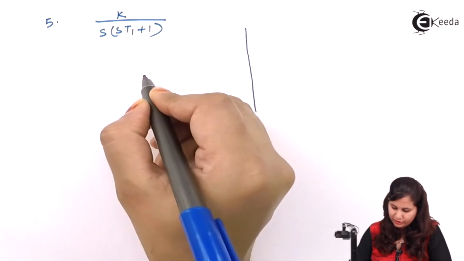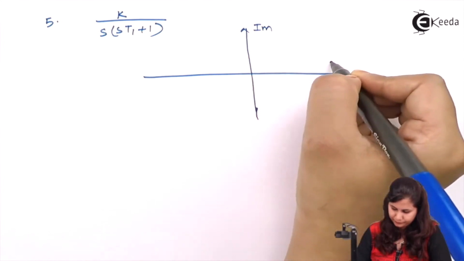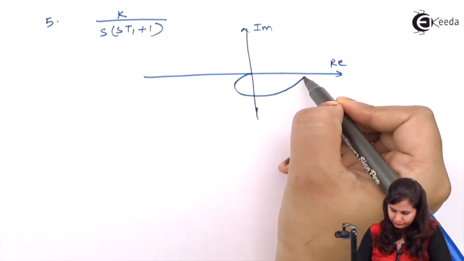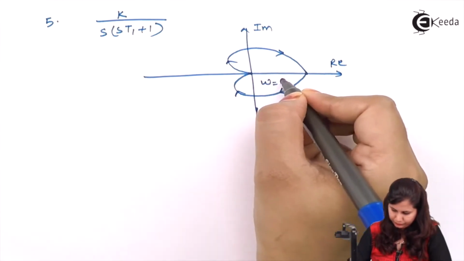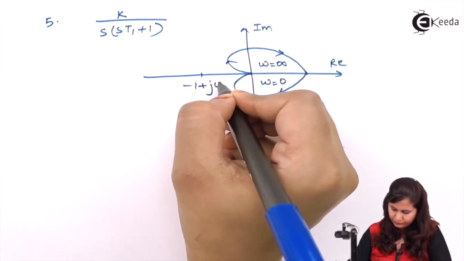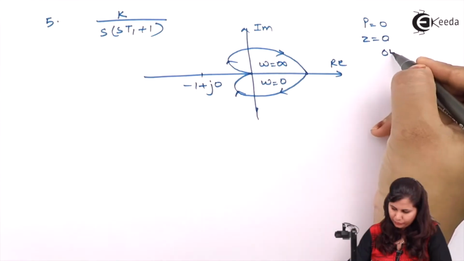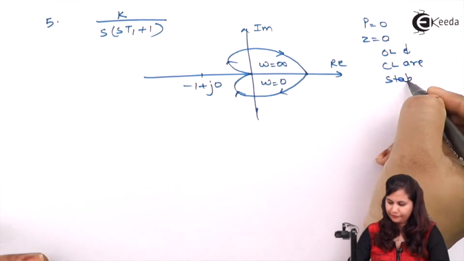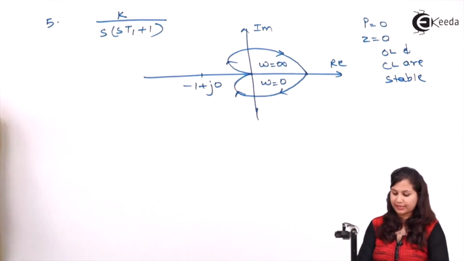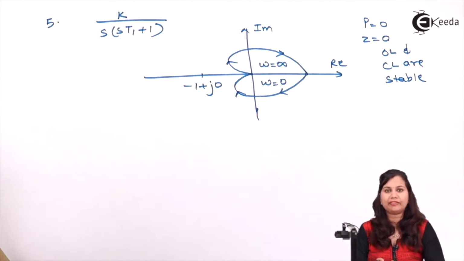For this function, the Nyquist plot will be like this, with P equals 0, Z equals 0, so both open loop and closed loop are stable. If you remember these transfer functions and their respective Nyquist plots and stability, you can have an idea whenever you have questions to plot the Nyquist plot.